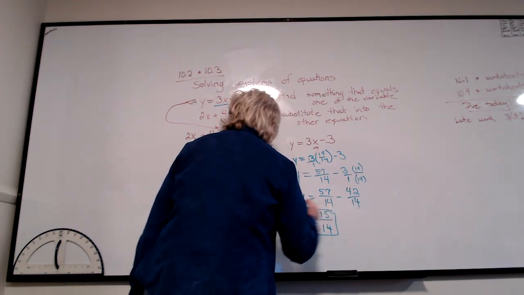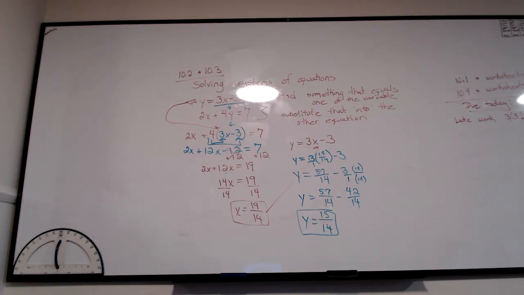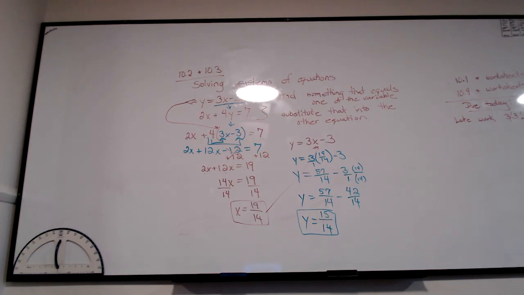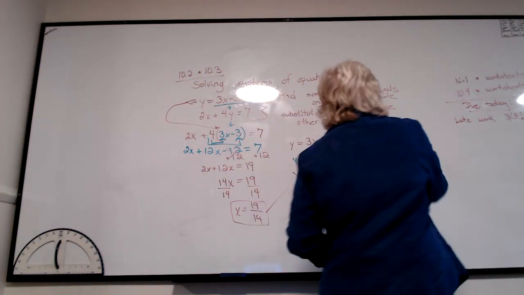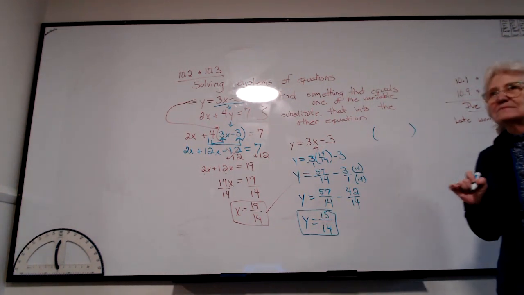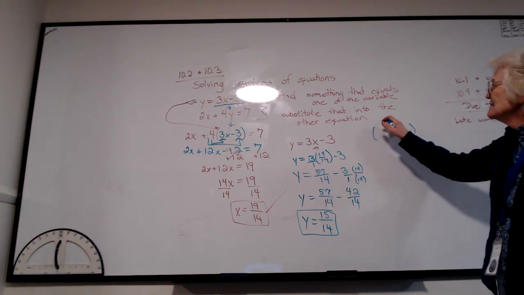What is the point where they intersect? Brielle, what's the point? A point has 2 values. What 2 values does it have in a point? What's the first one?